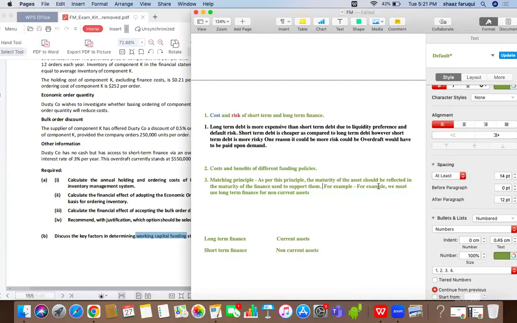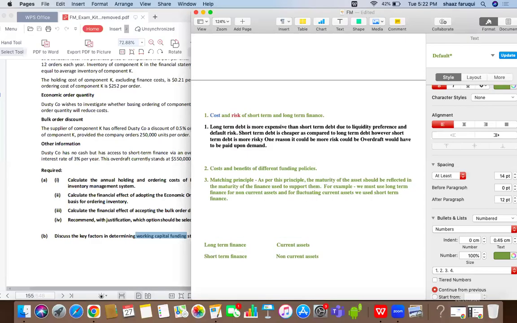For example, we use long-term finance for non-current assets. And then you can add and say for short-term assets, that is for current assets, for fluctuating current assets, we use which finance? Short-term finance.